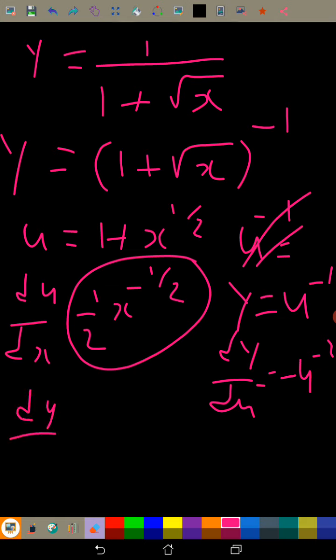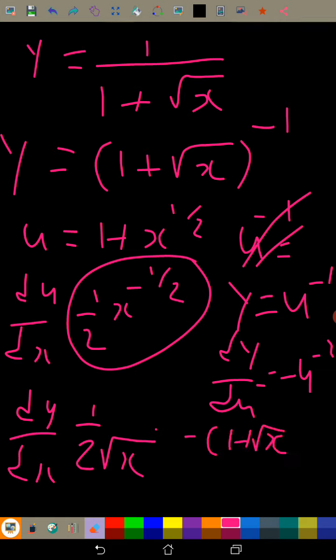So dy by dx is going to be minus half x to the minus half times what is u here? u is 1 plus root x, to the power of minus 2. So that's what I have.